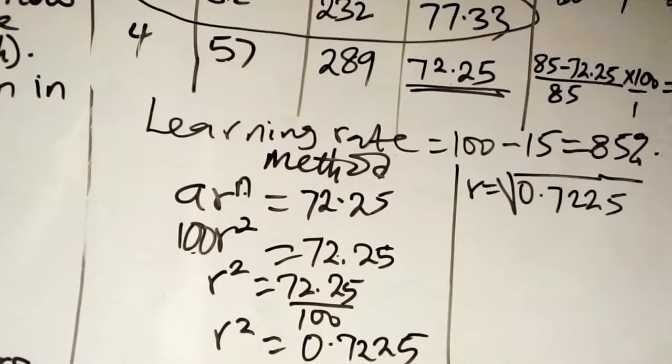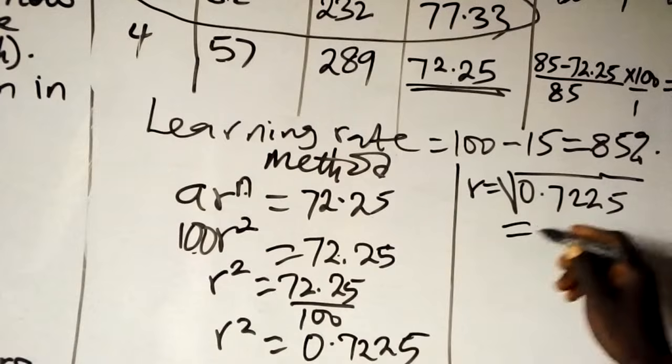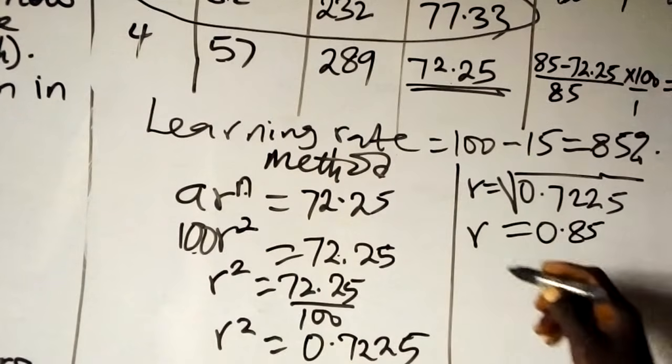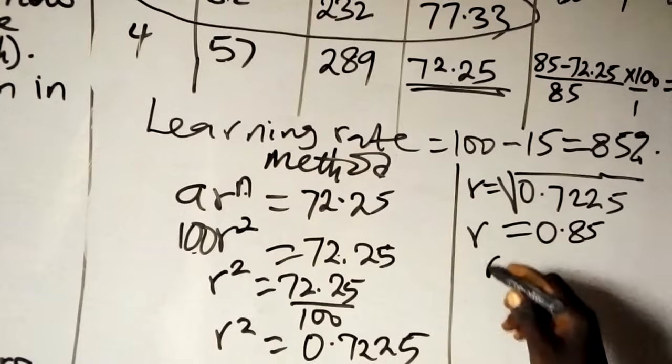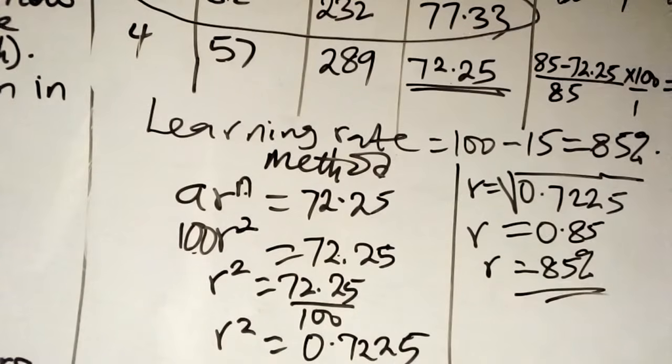That is why you need to find the square root. The square root of 0.7225 is 0.85. R equals 0.85. You multiply that by 100, R will be 85%. That is the learning rate, which is also the same as the result obtained under the tabular method.